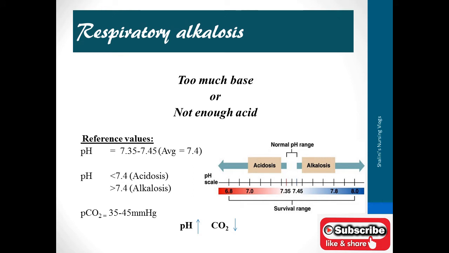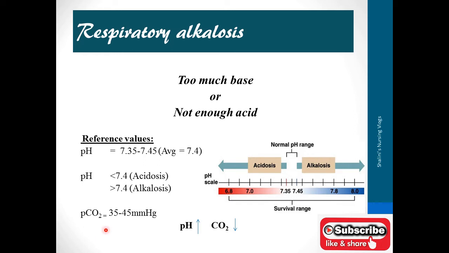Well, to begin with, respiratory alkalosis, in simple terms, just means there is too much base inside the body or not enough acid. The reference value of pH is again given here. The normal value is 7.35 to 7.45. The average we take is 7.4. If the pH is less than 7.4, we say blood is acidic in nature, and if it is more than 7.4, we say it is alkaline.